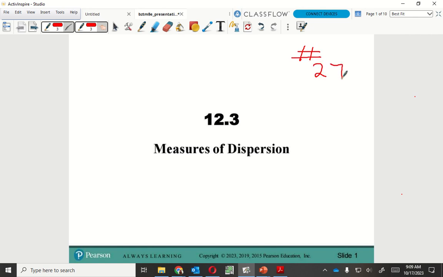All right, so I know you guys are all writing 27 on this, because a lot of people, when it comes time to actually put this in your notebook, can't find it and don't know where it goes. You know I grade your notebook, right? So, page 27, measure of dispersion.